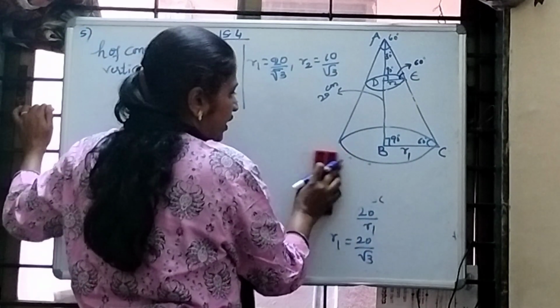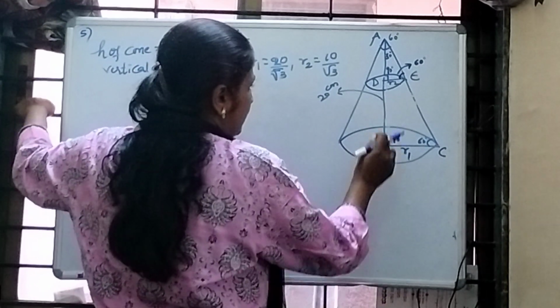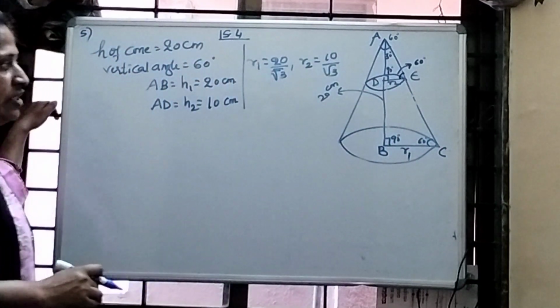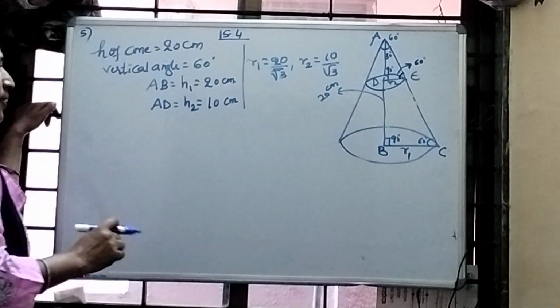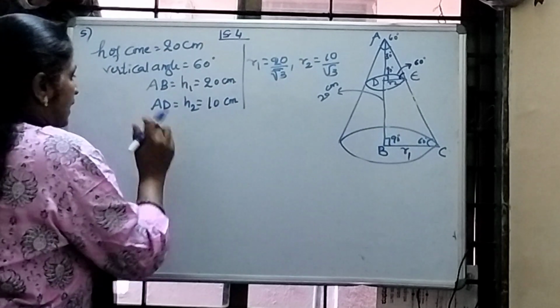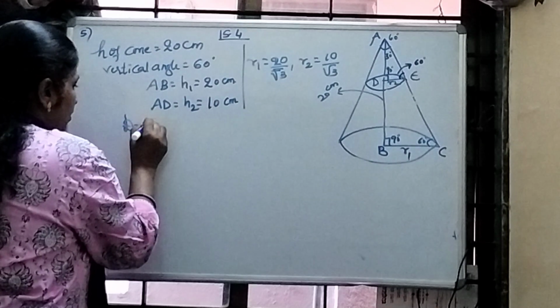The question they have asked is, the frustum so obtained is drawn into a wire. That means the wire will be of cylindrical shape.